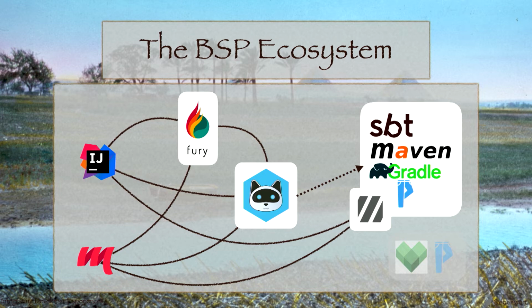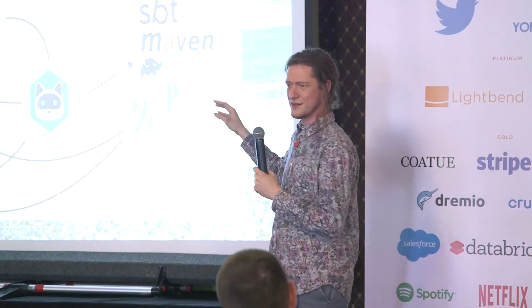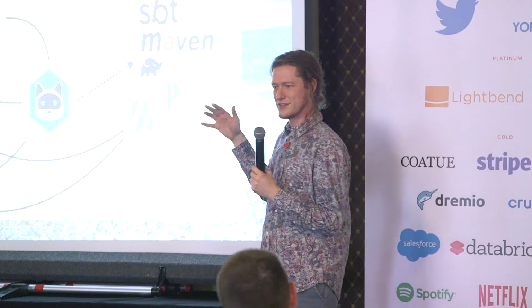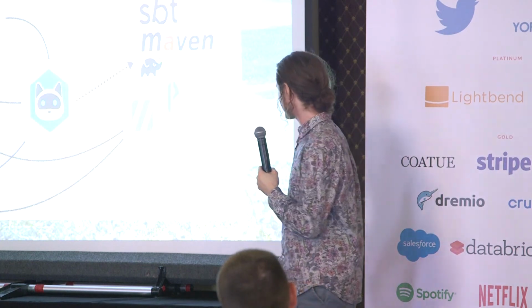Fury is a little special because it is both a BSP client and BSP server. So it uses Bloop as its compilation server, but adds a bunch of build tool things on top of that. So towards Bloop, it's a client, and towards IntelliJ, for instance, it's a server.